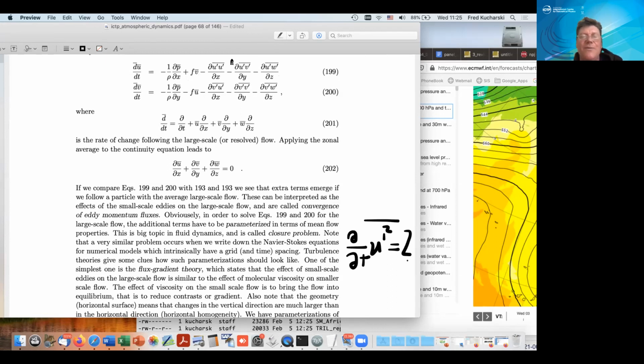Otherwise, there's no way we can understand what is the action of these terms on our mean flow. So we have to make some assumptions. And turbulence theory provides hints how turbulence acts in certain geometry situations and in certain stability situations and so on. So there is a whole history of hundreds of years of research that try to find out how to best treat these terms.